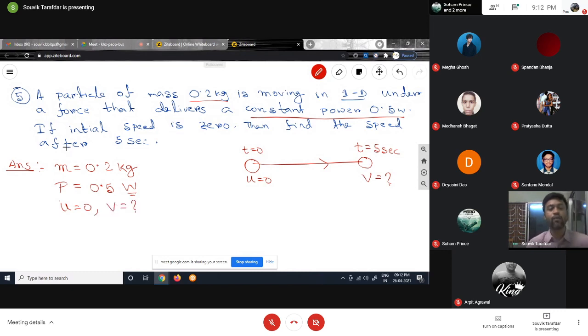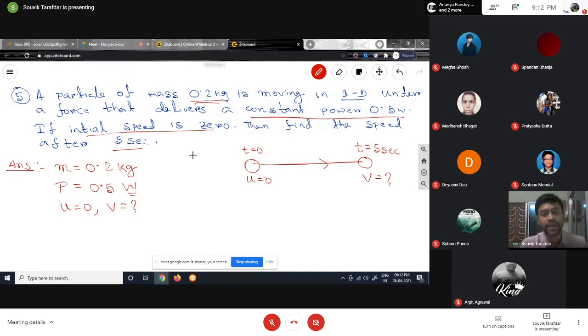Now see one thing. Whenever we are getting the data, like first mass, then power, then initial speed, and then find the speed after 5 seconds, I'm just directly writing it. I'm not reading the entire question.